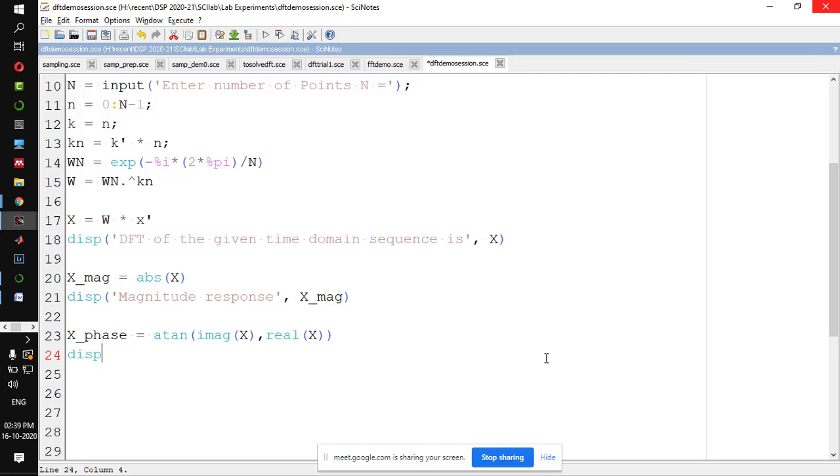So we shall have a display saying phase response, comma, and that value, capital X underscore phase. So try to run it.